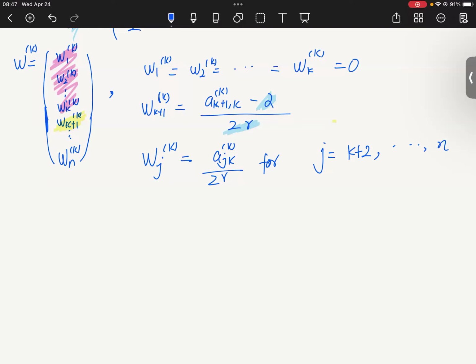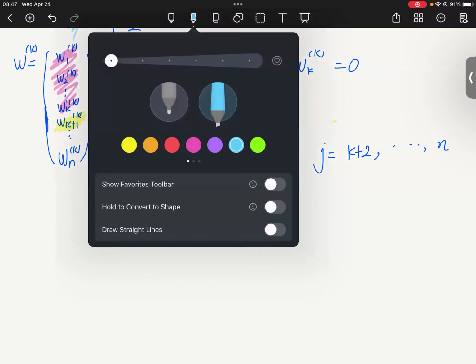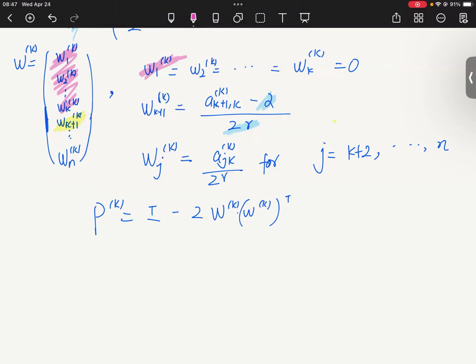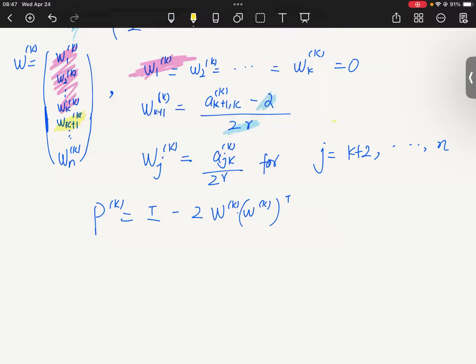And with this definition of the Wk, once again we have the Pk. It's just the identity matrix minus the product, and this is the householder transformation, and that is what we want to learn today. And then do the transpose, and then we can calculate that householder transformation. Let me use color to distinguish different parts here, and we also have the middle part.